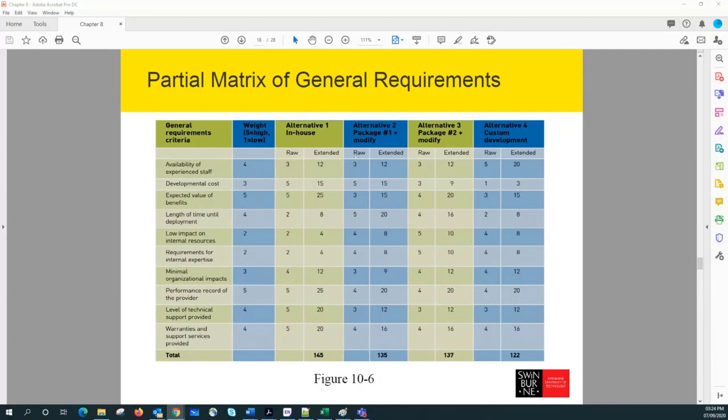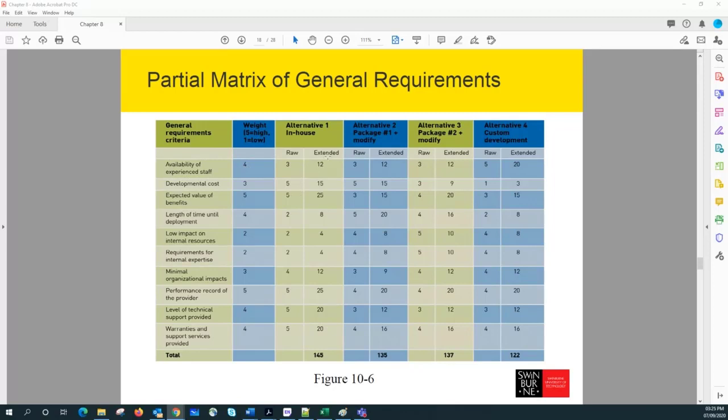For the second alternative, the raw value is 3 and the weight is 4, so again 12. The third one, again 4 into 3, and the last one, 5 into 4, is 20. So likewise, we can come up with a numerical value, which we call the extended value. This extended value reflects both the weight and the raw score of the particular requirement.